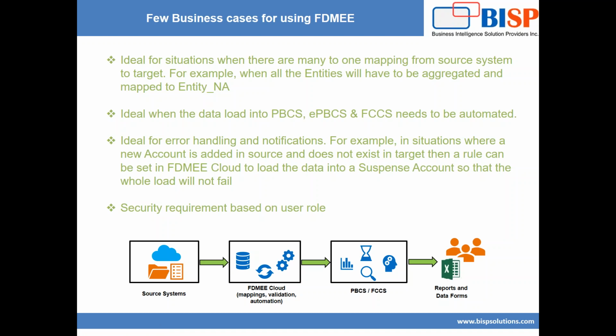After the data gets loaded, we aggregate the data and we are able to see the aggregated value at the entity. However, I also want the data to be aggregated in FDMEE and loaded to a suspense member. Let's say I want to load it to the NA entity, and then I want to verify that the data at the entity level and the data at the NA entity are both equal. Such business cases can be supported with the help of FDMEE Cloud.